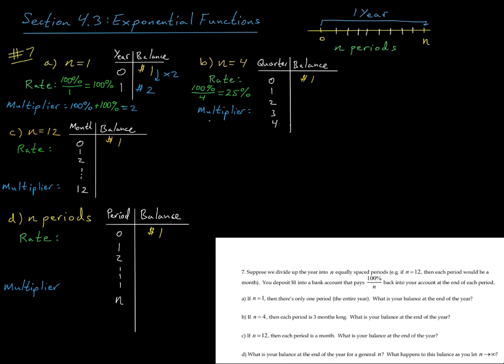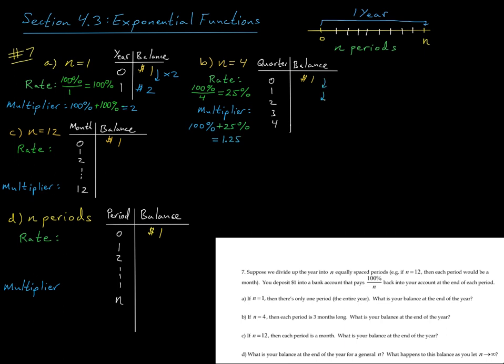So for our multiplier, we're going to take 100% of the previous quarter's balance, and then tack on 25% of that previous quarter's balance, and that's going to give us 125%, or in other words, a multiplier of 1.25.